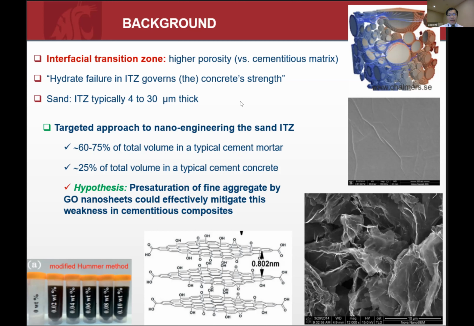I should also mention that you should think of concrete not as a piece of rock, but as a solid sponge, which, especially when saturated, contains a lot of highly alkaline pore solution. And that's how it works. Again, the weakest link in there is the ITZ.